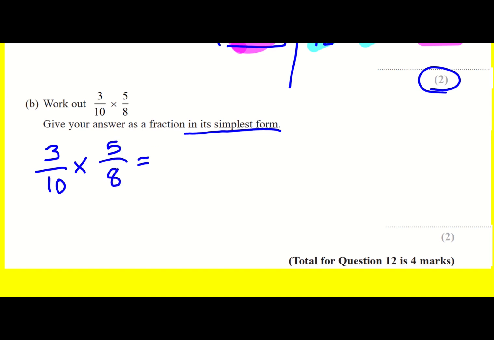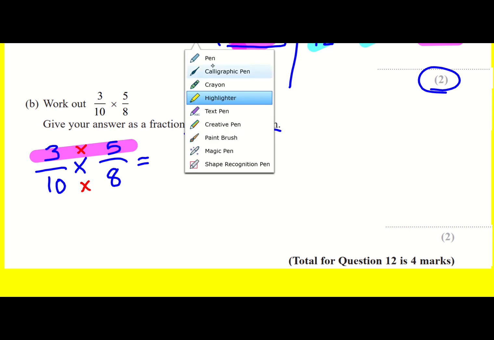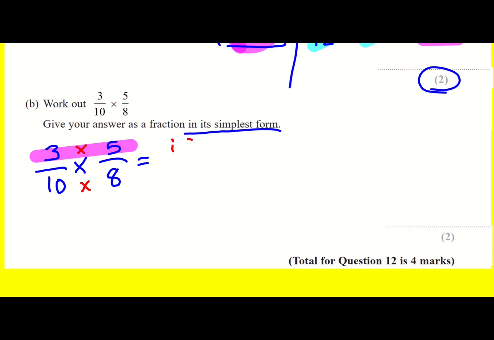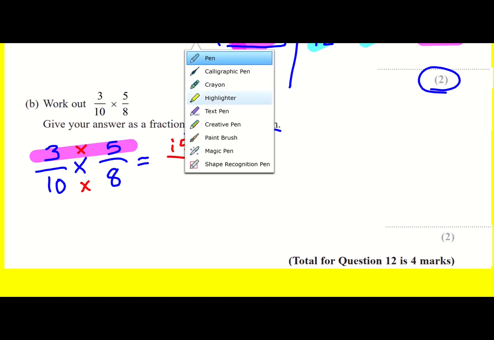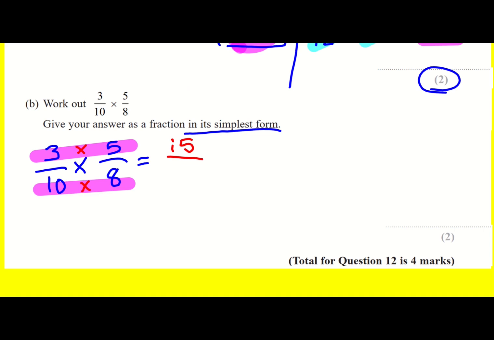So you are literally doing 3 multiplied by 5 across the top and 10 multiplied by 8 across the bottom. So if I do that, 3 multiplied by 5 gives me 15. And if I go along the bottom, 10 multiplied by 8 gives me 80.